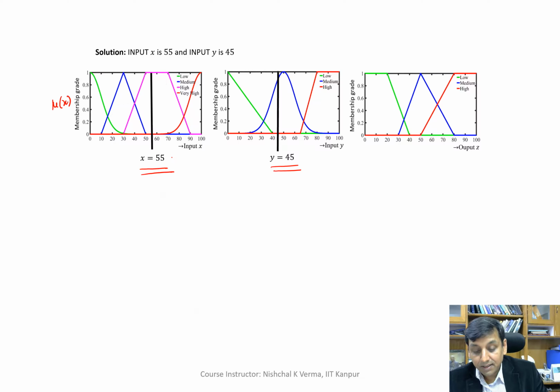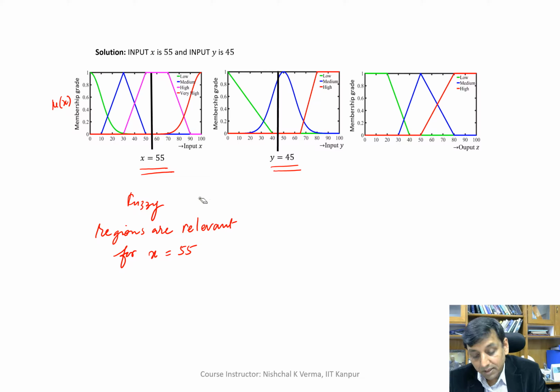So I can write here: fuzzy regions applicable or relevant for X is equal to 55.